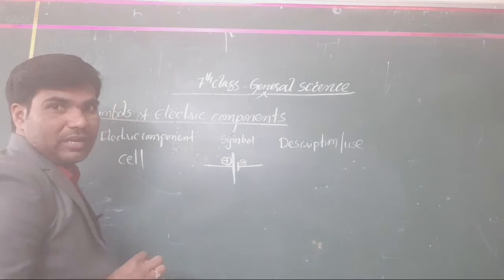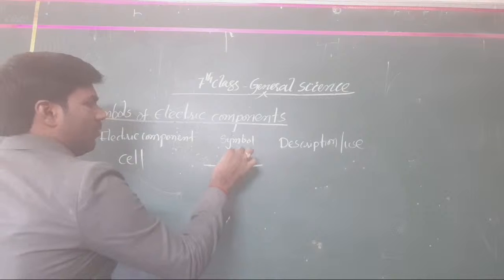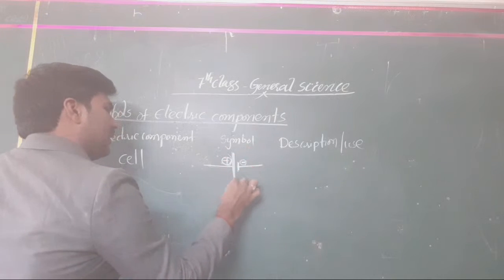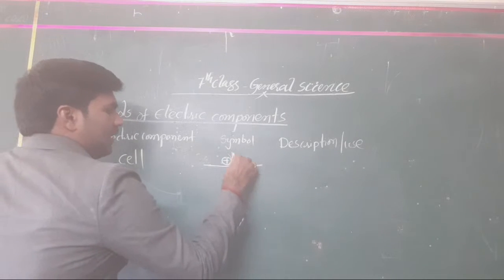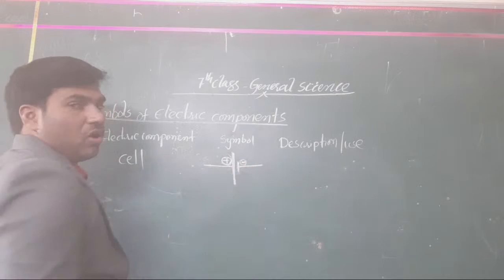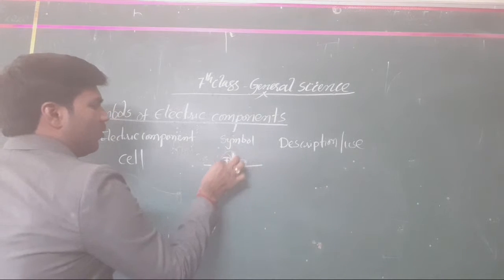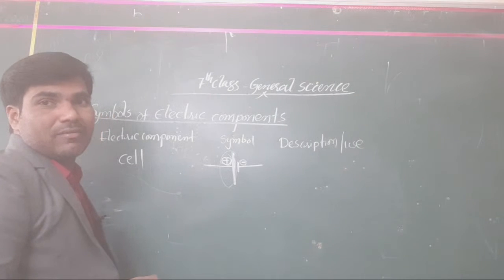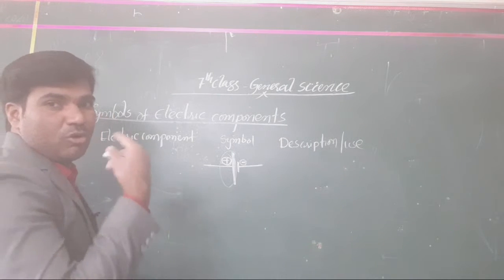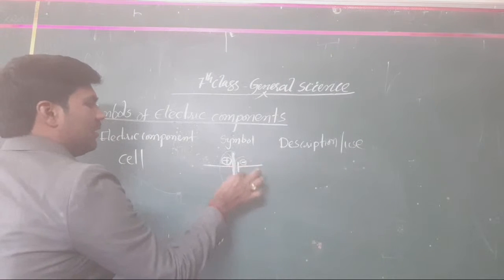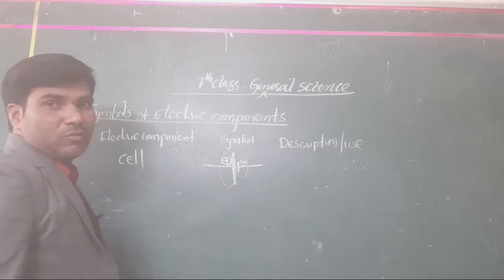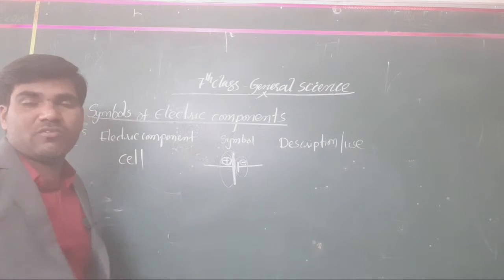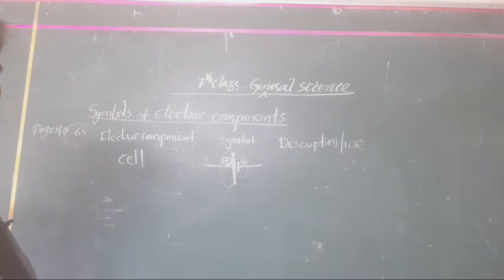This positive electrode is a long line, and the negative electrode is a small line. The positive electrode, the long line, means it will contain more positive particles, and it will contain fewer negative particles. Got it or not? This is the information we have for the cell.